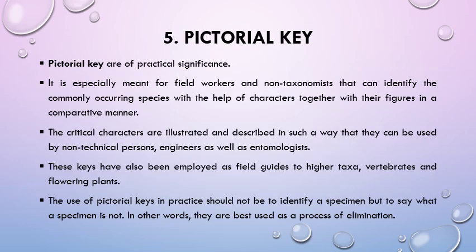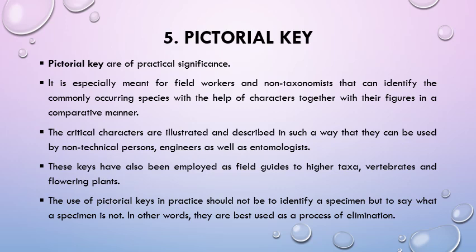Number 5. Pictorial key. Pictorial keys are of special significance. It is especially meant for field workers and non-taxonomists, who can identify the commonly occurring species with the help of characters together with their figures in a comparative manner. Means in the pictorial key, the figures with the characters can also be used.